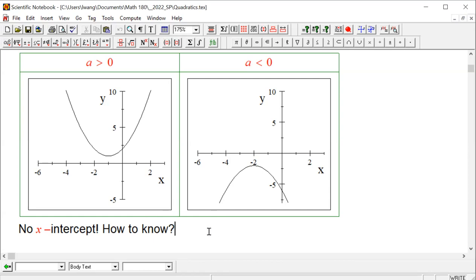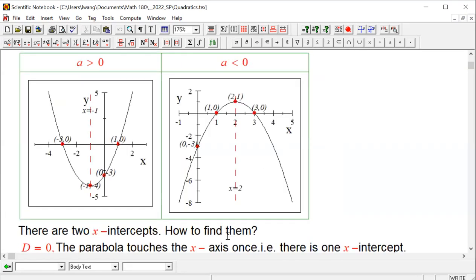This is the task of this section. We understand what x-intercepts are, if there are any, and we also understand how many we could possibly have. We could have 0, we could have 1, we could have 2.